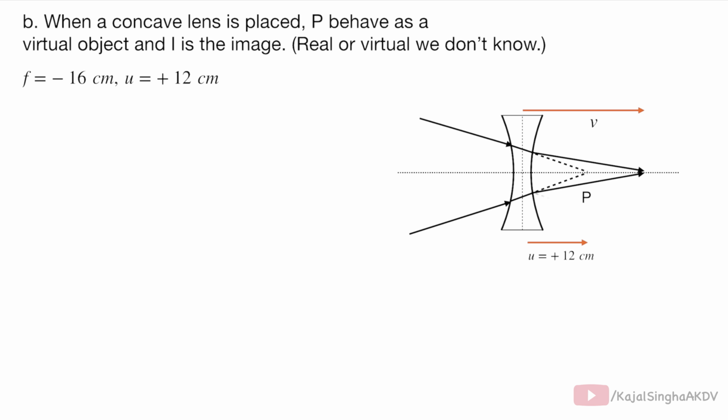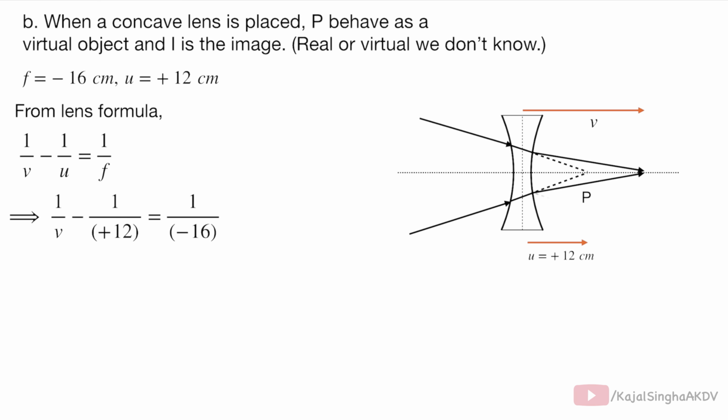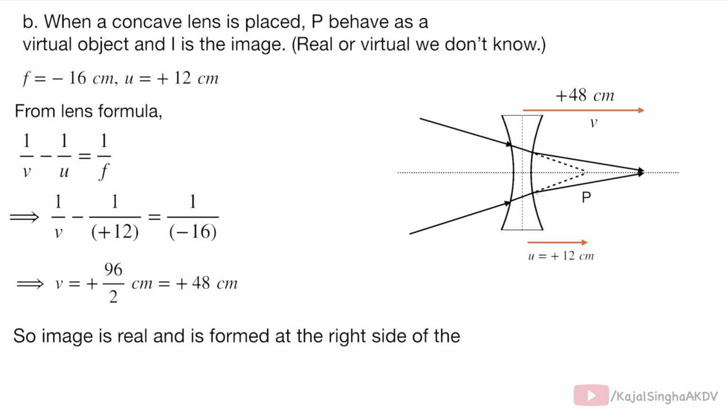So here f is minus 16 centimeter since the lens is a concave lens, and u is plus 12 centimeter since P behaves as a virtual object. From lens formula we put these values and we get v equals to plus 48 centimeter. So image is real and is formed at the right side of the lens at a distance of 48 centimeter.